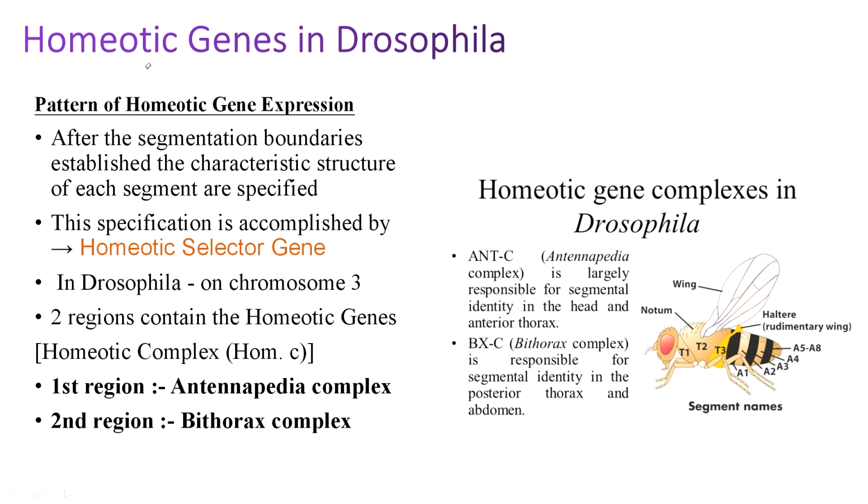We can represent the antennapedia complex with the letters ANTC, and BXC is meant for the bithorax complex. The antennapedia complex is largely responsible for segmental identity in the head and anterior thorax. So these are the 2 sets of genes that determine the specification of certain regions of the body.